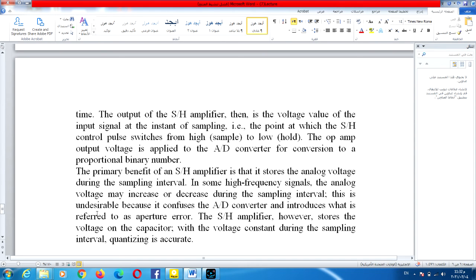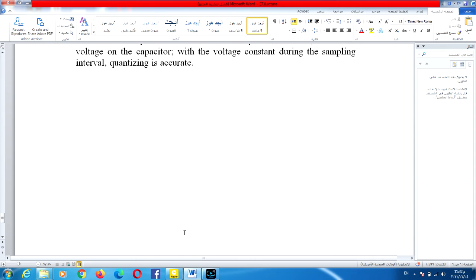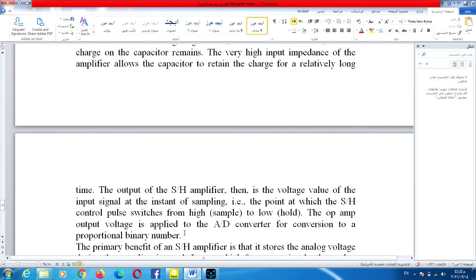This is undesirable because it confuses the AD converter and introduces what is referred to as aperture error, which we discussed in other lectures and topics, and which causes an error. The SH amplifier, however, stores the voltage on the capacitor, keeping the voltage constant during the sampling interval, so the quantization is accurate.